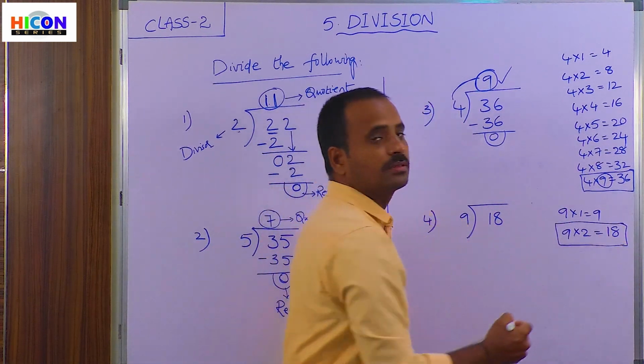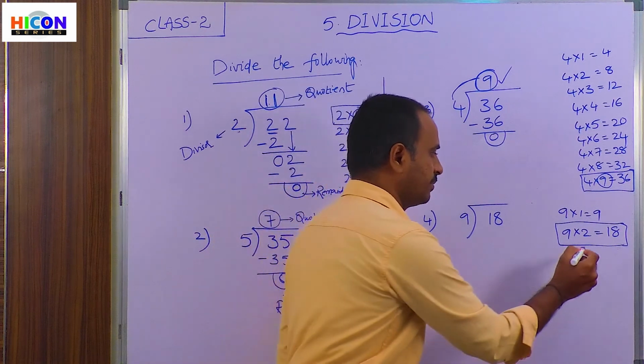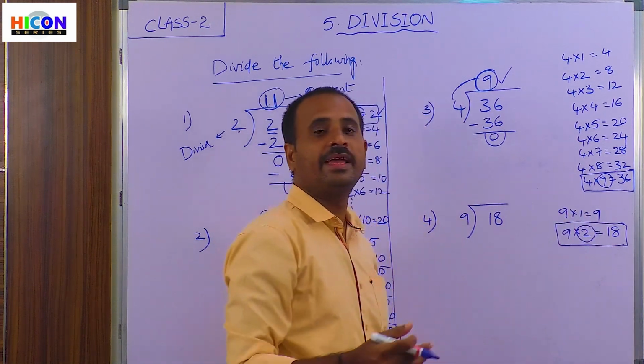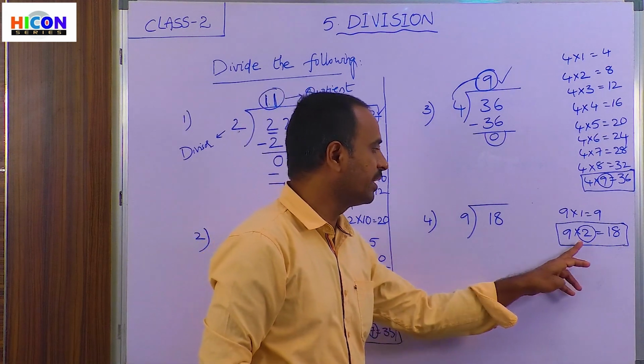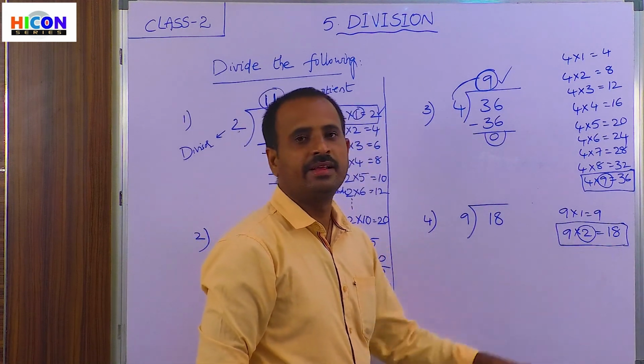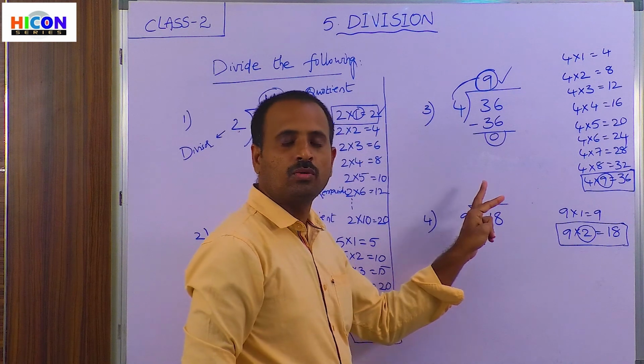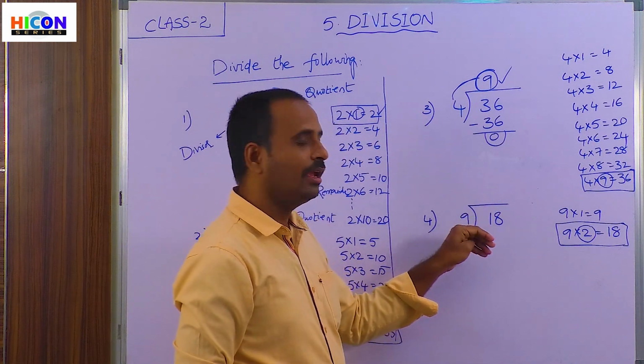How many times? We have to take 2 times. So 2 times 9 is 18. So we have to take 2 times to get 18. Write 2 in the quotient on the line above the dividend.